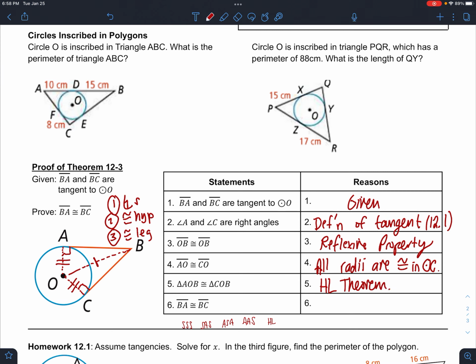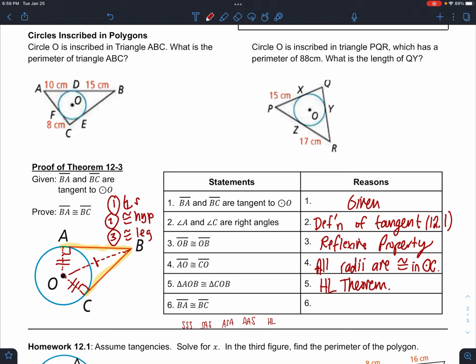And finally, we have what we want to prove, that these 2 red orange segments, they look orange now, are congruent. And we have enough to show that because those 2 triangles are congruent, right? And that's the long leg of those triangles. So because the triangles are congruent, long leg and long leg are going to match up, right?